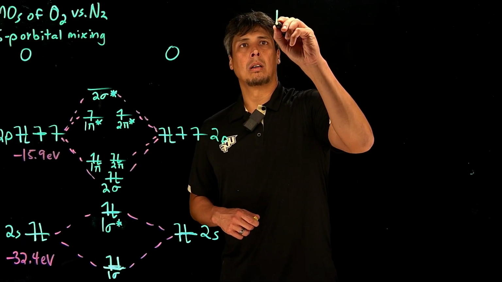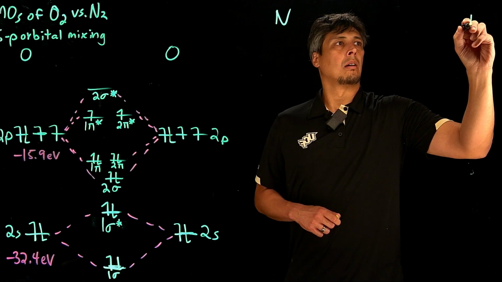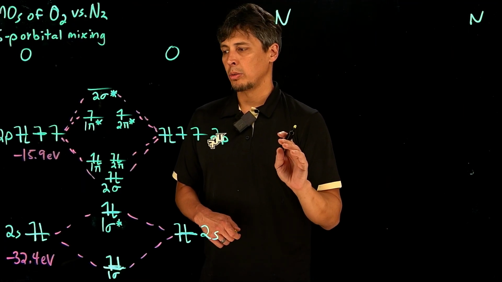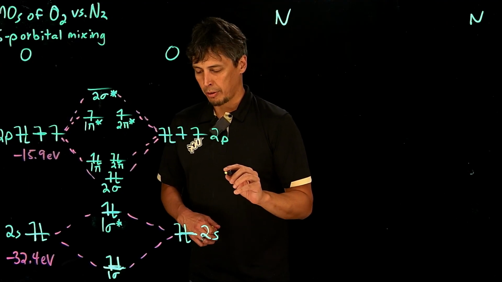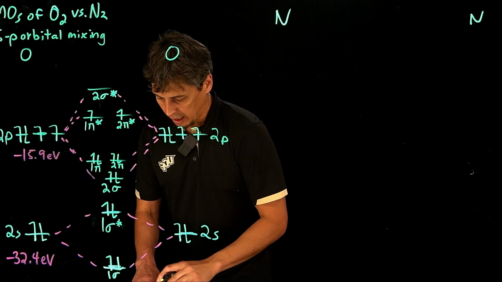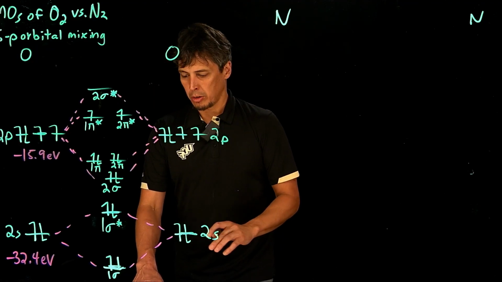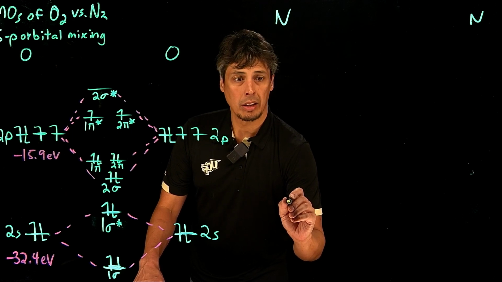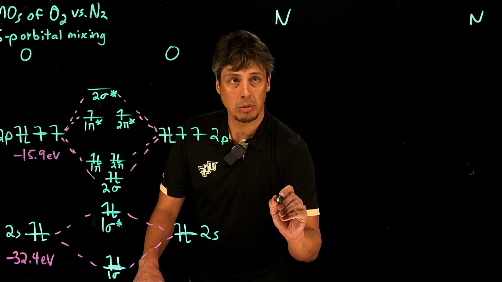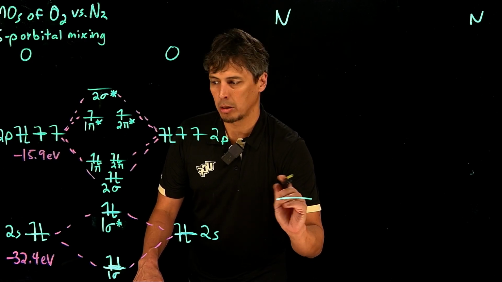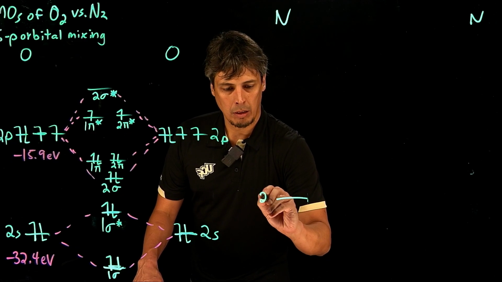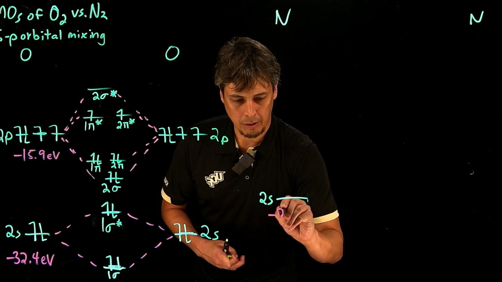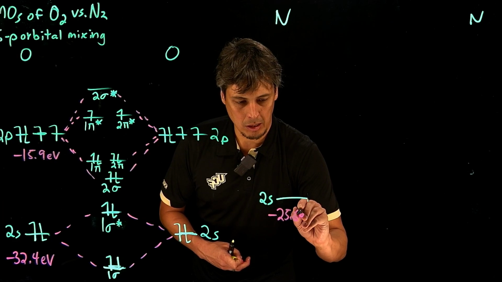We're going to have our orbitals for the 2s and the 2p atomic orbitals for nitrogen. The 2s orbital is higher in energy than the 2s orbital for oxygen, so we're going to draw that here, where the 2s orbital is a little bit higher, at negative 25.6 electron volts.